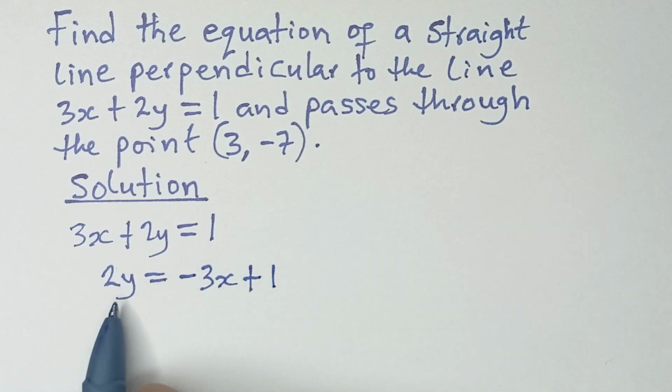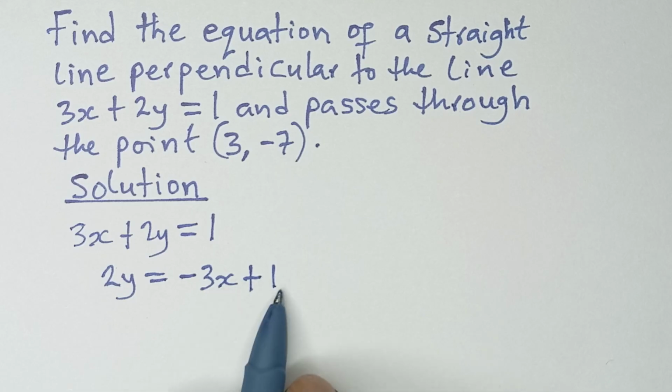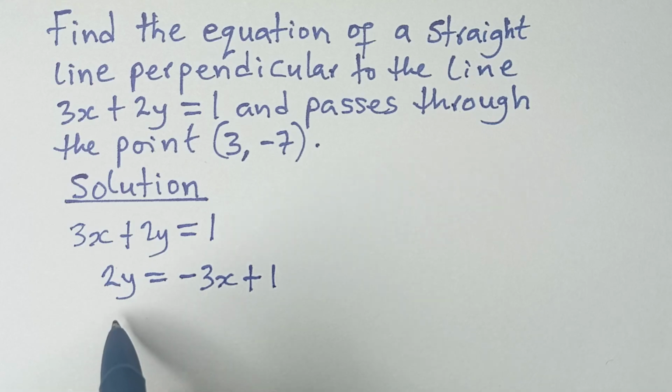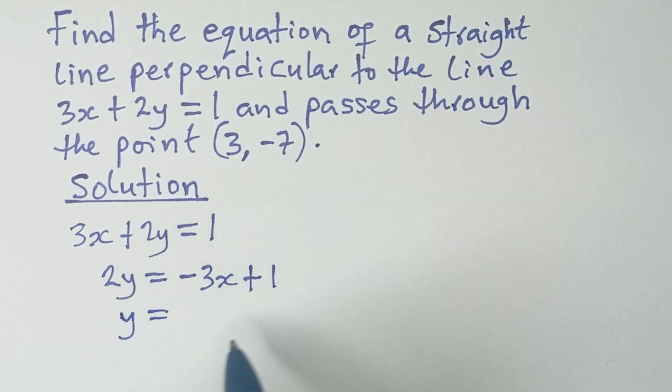Now, to make y the subject of the formula, we divide each term by 2 because we have 2y here. That is like dividing both sides by 2. So when we divide both sides by 2, we'll have y on this side because the 2 cancels 2.